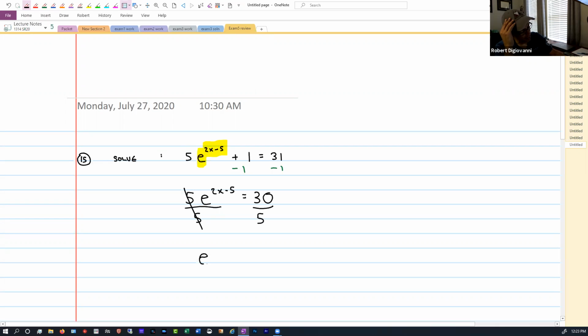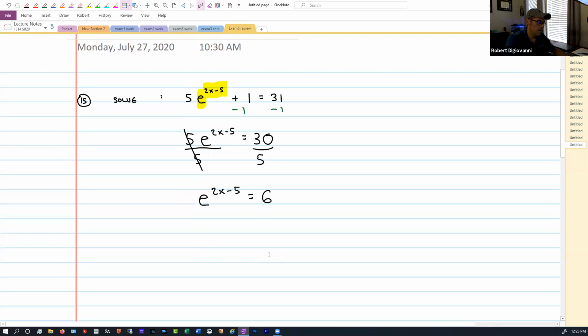We get e to the 2x minus 5 equals 6. And now at this point, we can do the log. So log, the thing that's being raised is e. We're raising it to the 2x minus 5, and that's equaling 6.